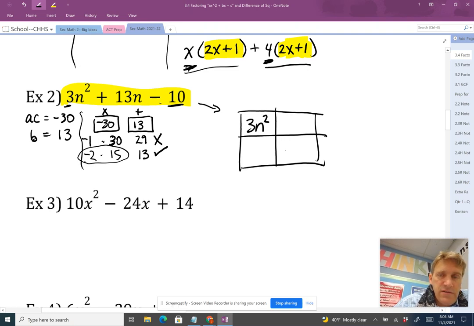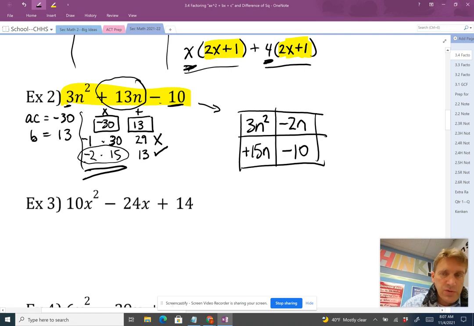We're going to take minus 10 and put it in the last box. But for the 13n, we're going to use those two numbers that we found. We're going to put minus 2n and plus 15n. And 15n minus 2n is 13n. So everything in the trinomial there is represented in the box.